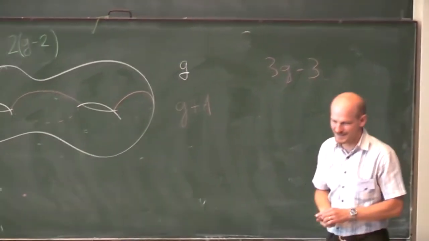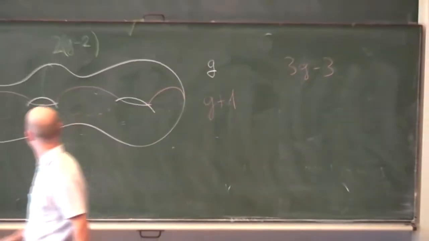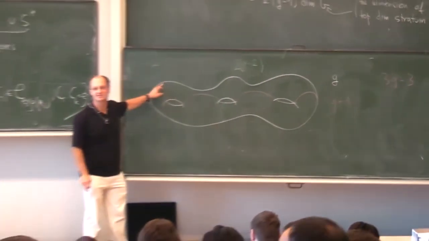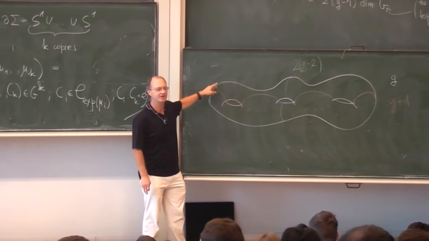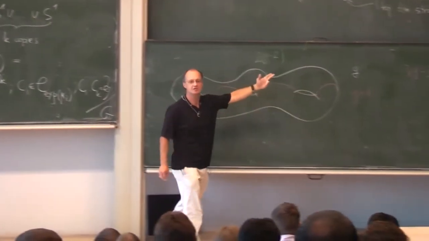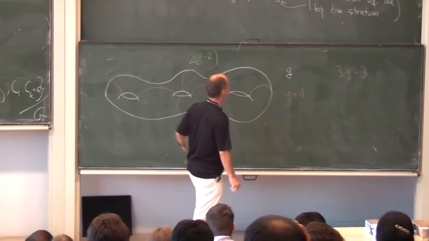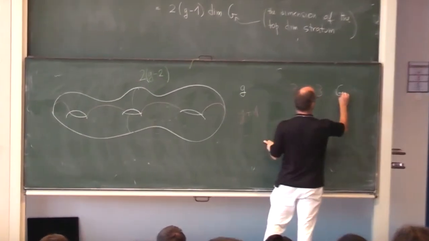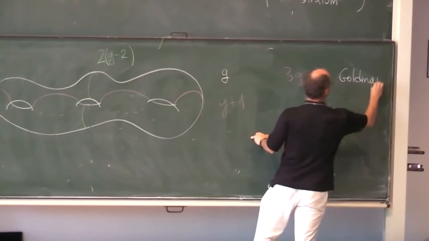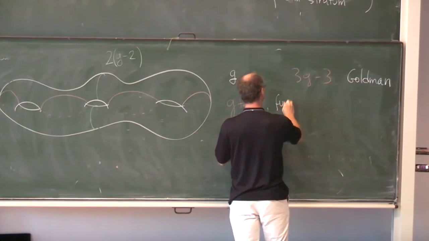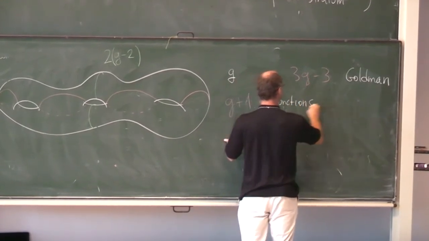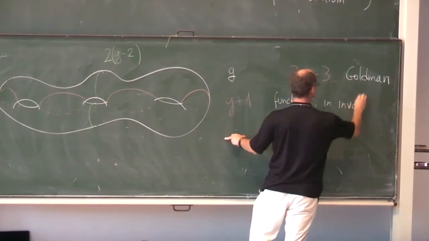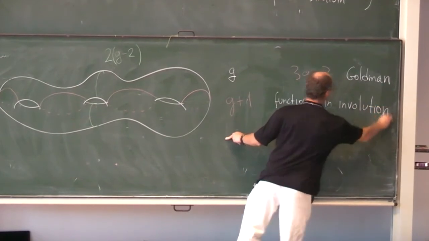Okay, thanks a lot. Thanks for your help. Yeah, right. So here we get, using those Goldman variables, 3G minus 3 of them, and they commute. So 3G minus 3 Goldman functions in involution.